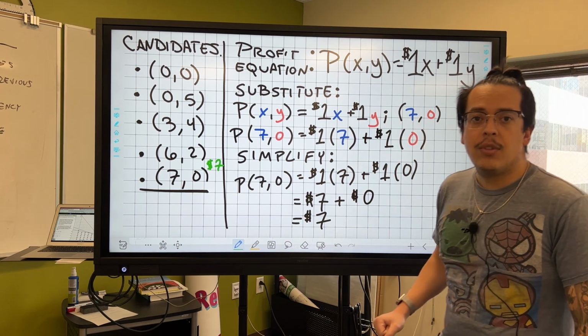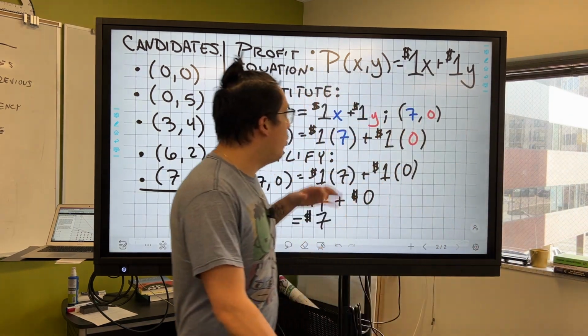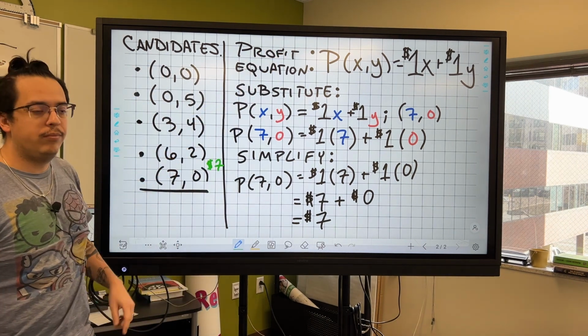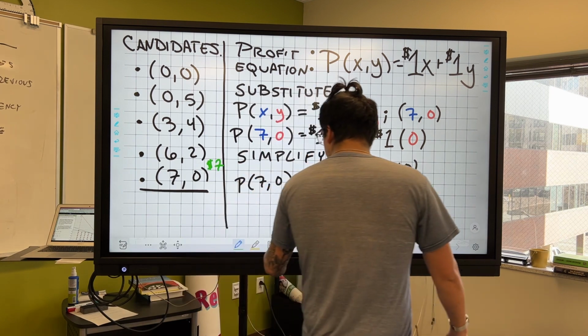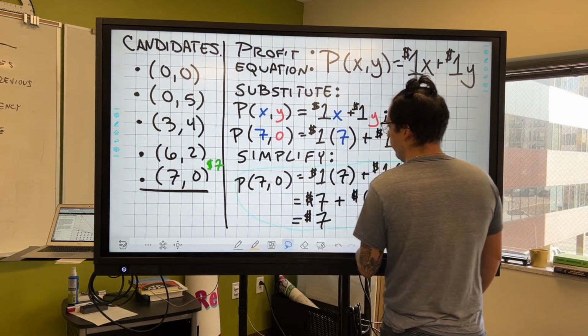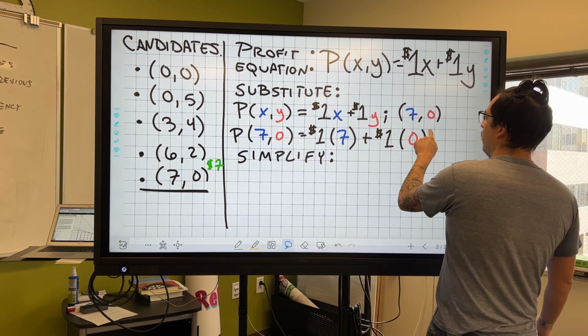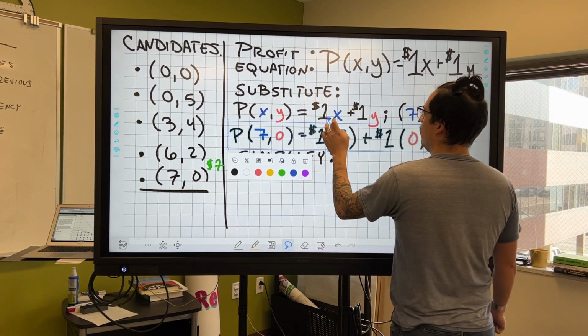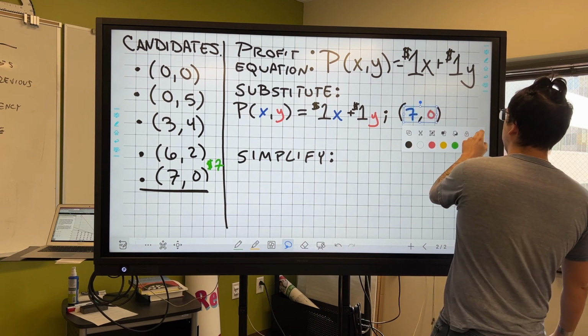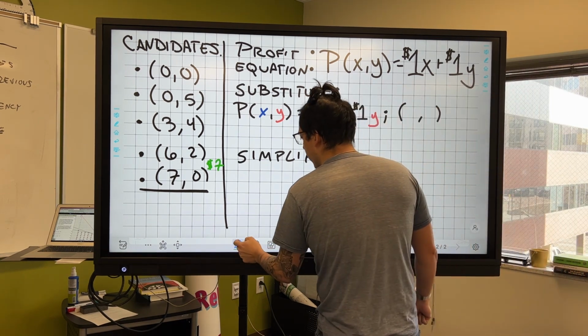I'm going to erase them so I can demonstrate our profit equation using another point, 6, 2. So pause if you need to. All right.